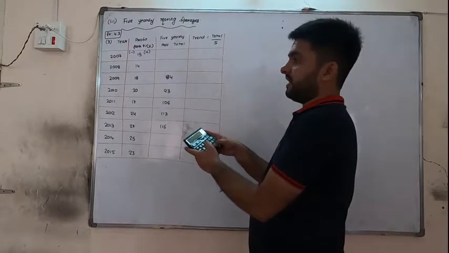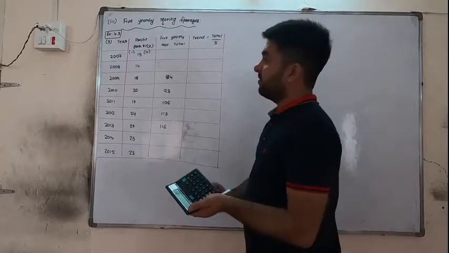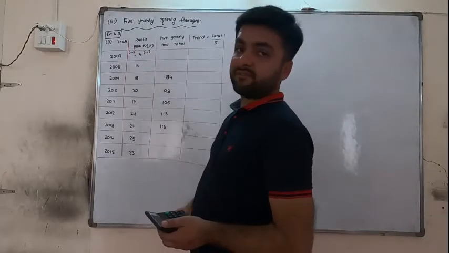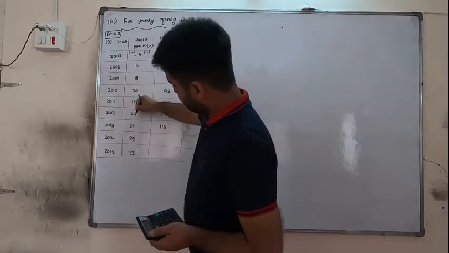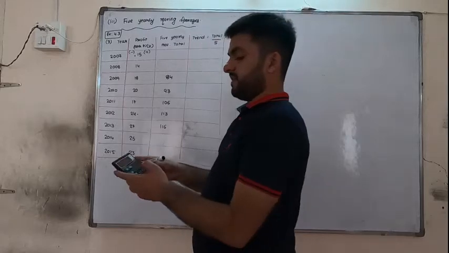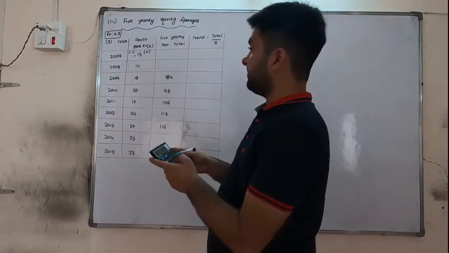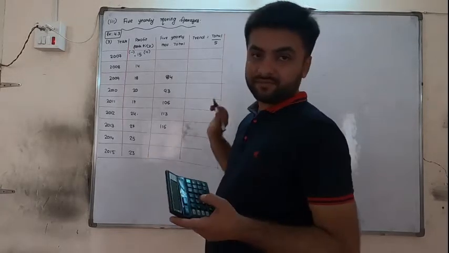15, 14, 18, 20, 17. It's 84. Now subtract one value, 15. Now as these are 5, take 6th value. 1, 2, 3, 4, 5, 6th value. So plus 24. Sorry, I have done a mistake. 84 minus 15 plus 24, it's 93.